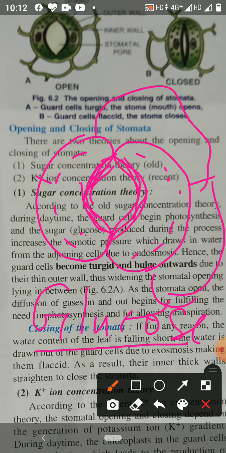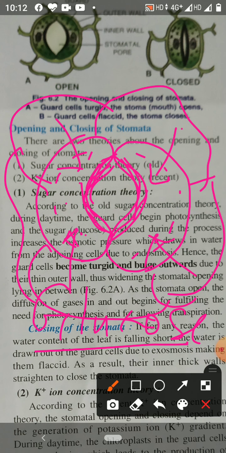Then water molecules from the adjoining cells diffuse into the guard cells. When water comes in, the guard cells become turgid and bulge outwards because the outer wall is thin.